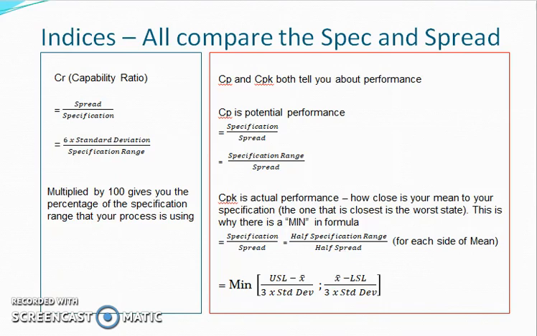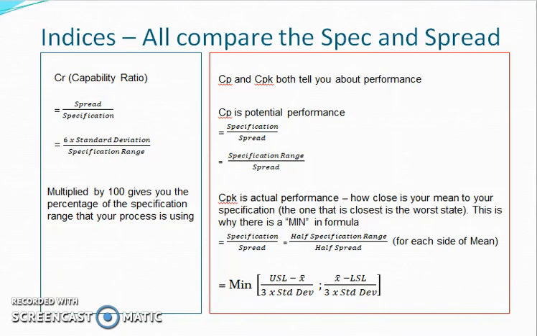CR requires you to divide the spread by the specification, and the spread, of course, we know from normal distribution is 6 standard deviations. It does not take the mean into consideration, but it does tell us if we multiply the answer of CR or the capability ratio by 100, it tells me the percentage of my specification range I'm using.